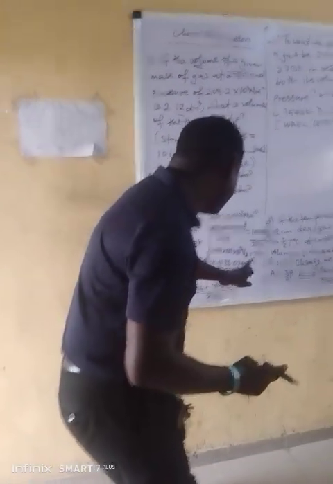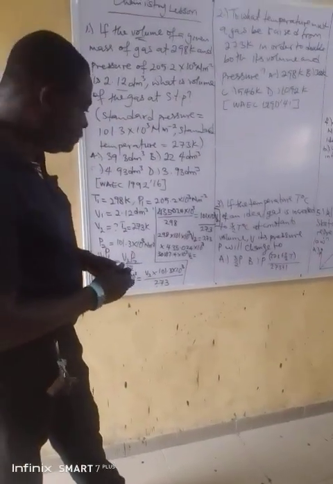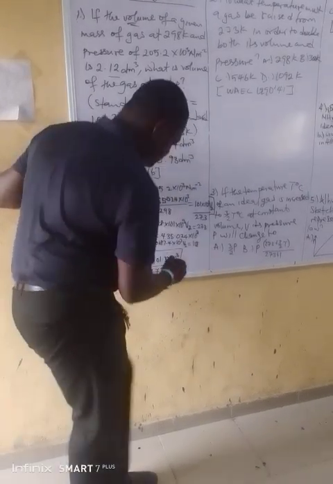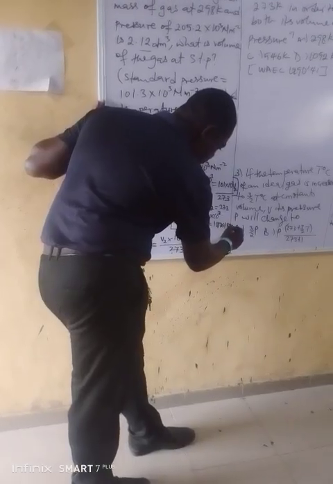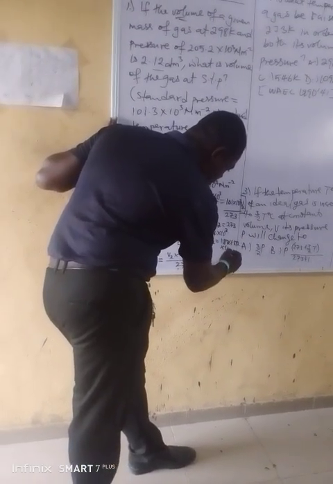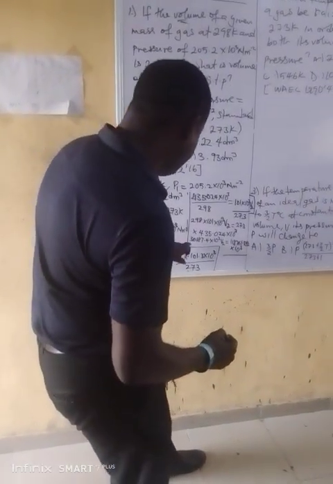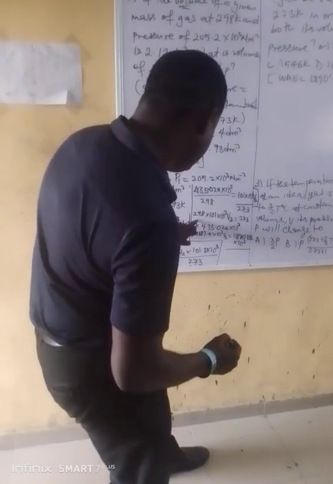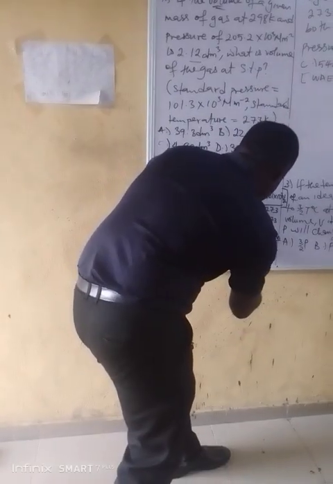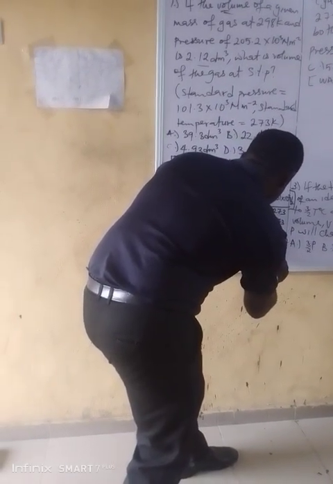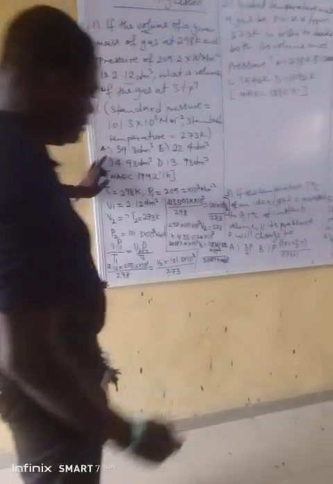When you multiply 273 times this one, forget about this 10, you get 118761.55, times 10 to the power 3, divided by everything that is here, that is 30187.4.